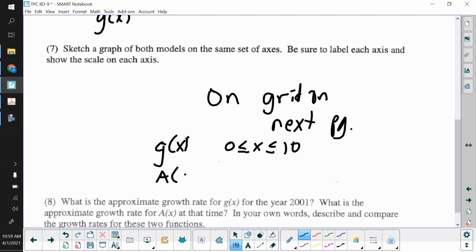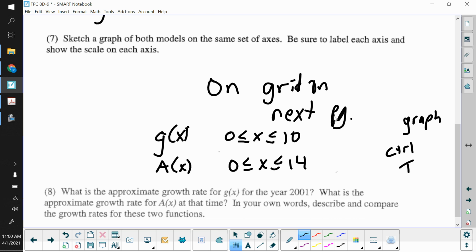And for a of x, I want you to sketch it for x equals 0 to 14. You should be able to get the values easily by putting it in a graphs page and then doing a Control T. So you should have actual points plotted. Label your X and Y axis with the units, and make sure to put an arrow on the end of your graph.